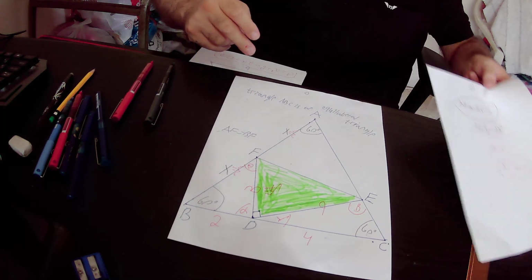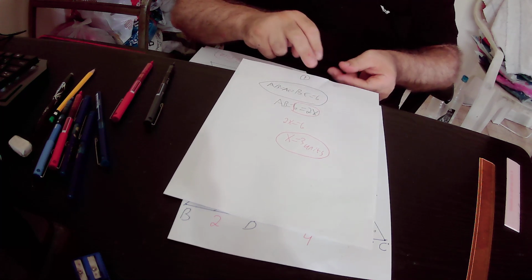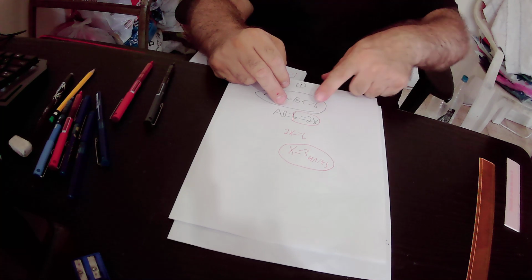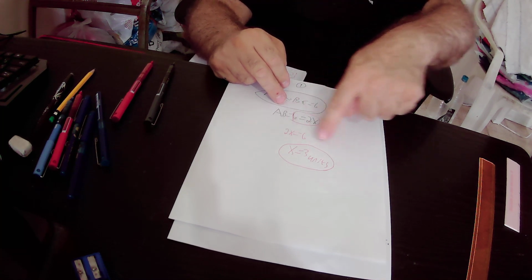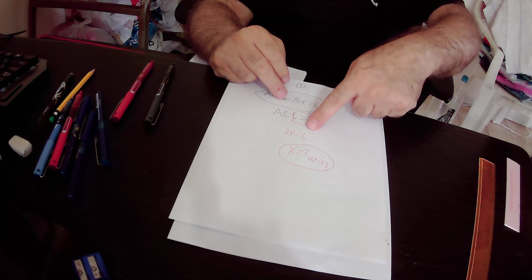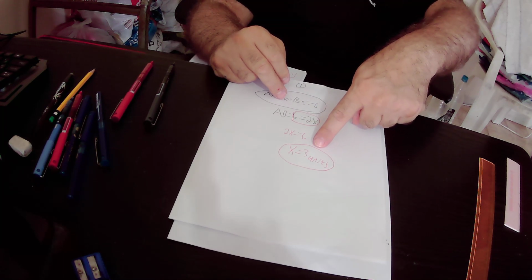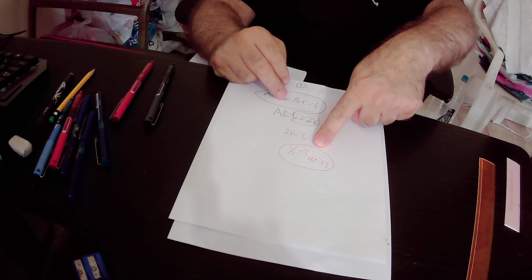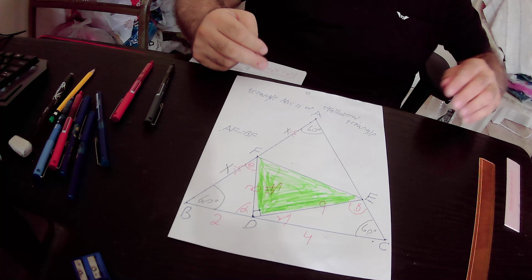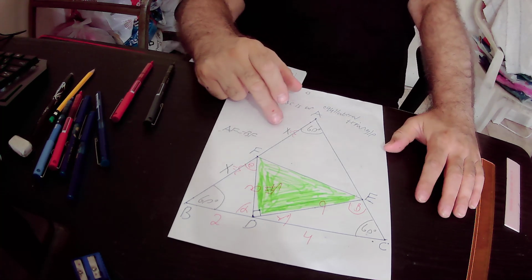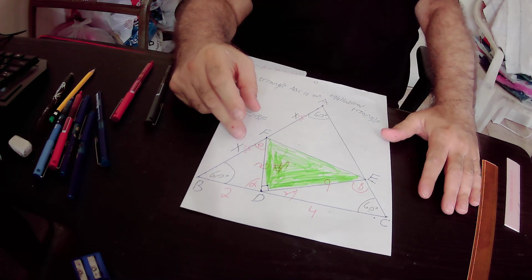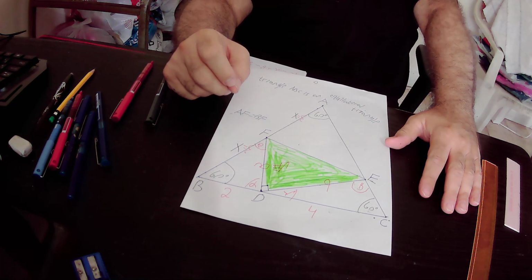From this equality, we derive that 2X equals 6, and dividing by 2, we get X equals 3 units. That is to say, AF equals 3 units, and BF also equals 3 units.